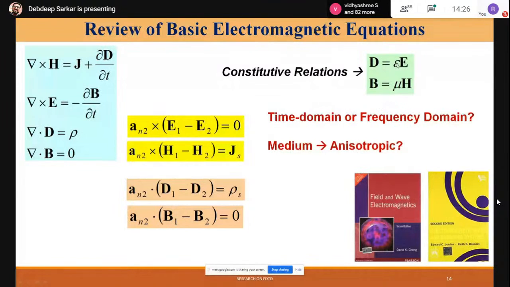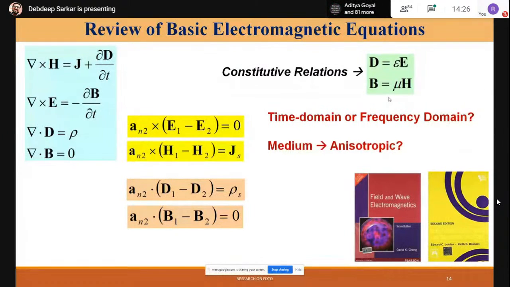Another point is, these are very simplistic, but the medium can be anisotropic also. Depending on the direction of wave propagation, this epsilon can have various components, so it can be a tensor. These things are vectors, but this can be a tensor, and it can have 9 components. So all kinds of complexities can arise from these constitutive relations.